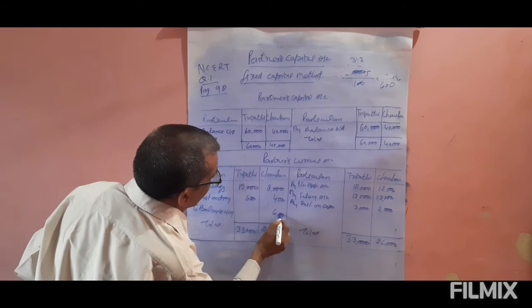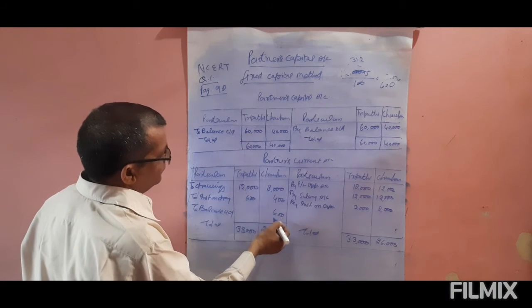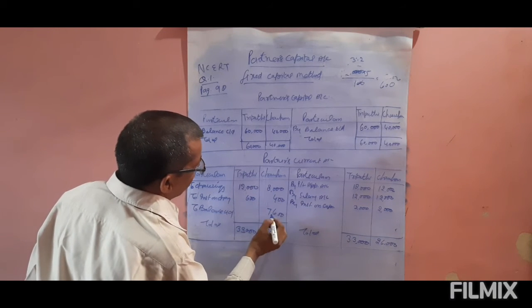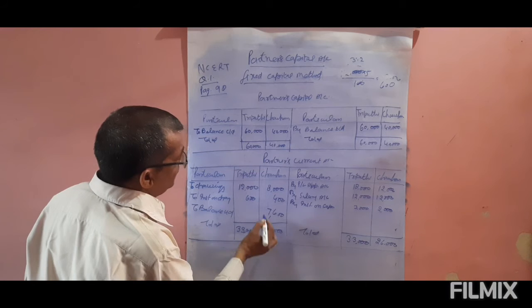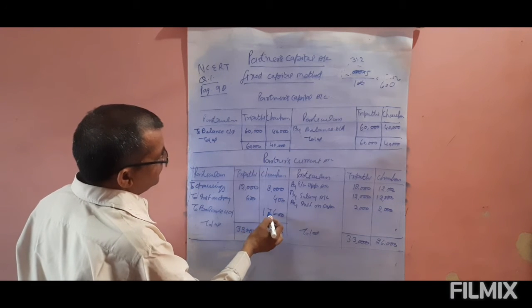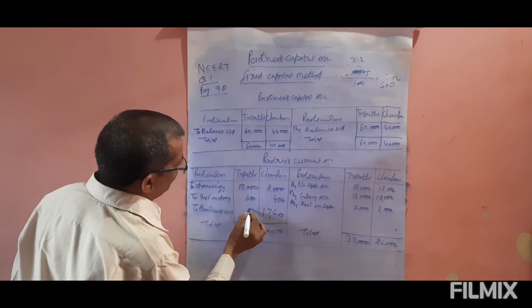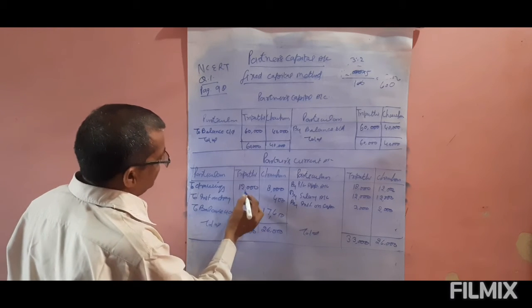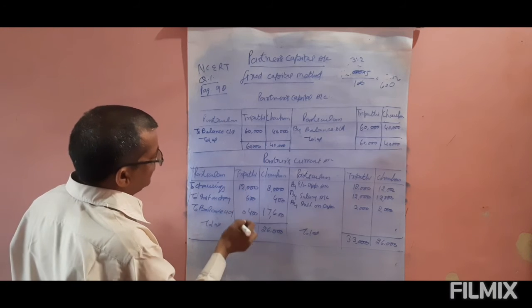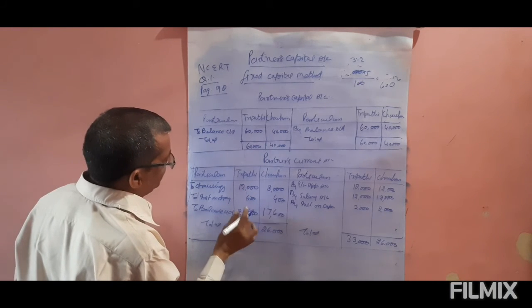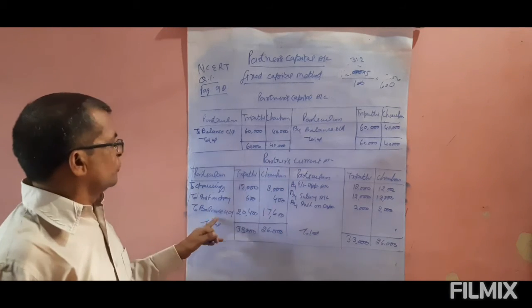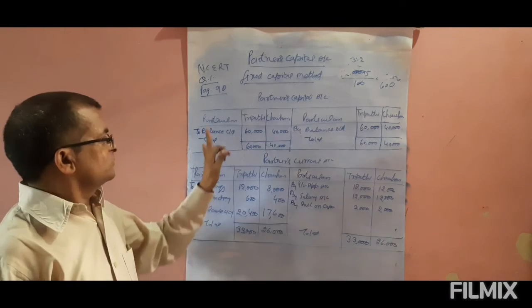Here is 600. 4 and 6, 10, 1 carry. 8 and 1 is 9, 9 and 7 is 16. 9, 7, 16 and here is 400. The total is 20,400. This is the partner's current account, this is the closing balance of this.